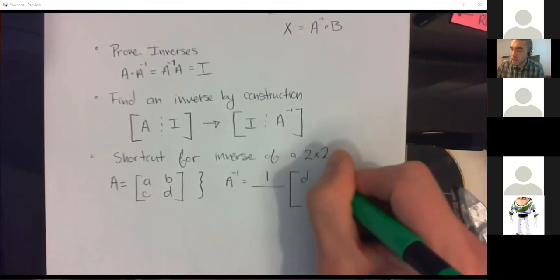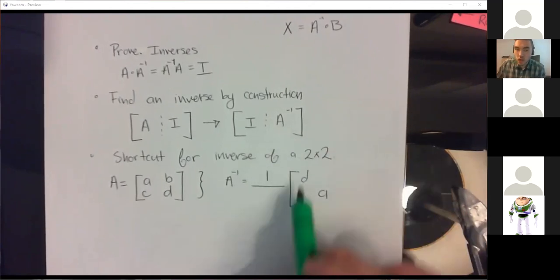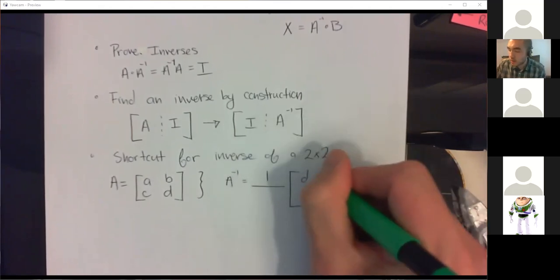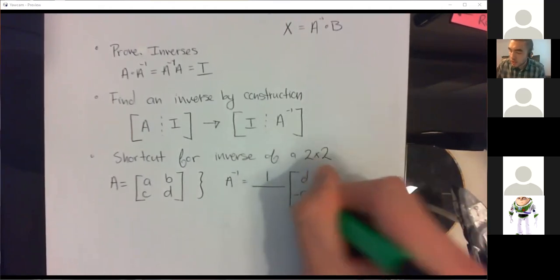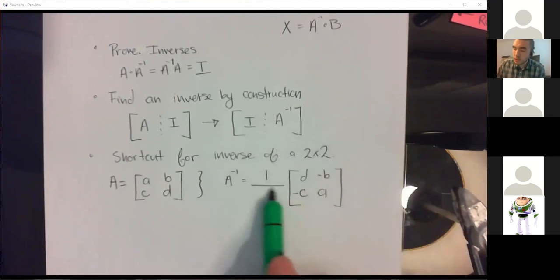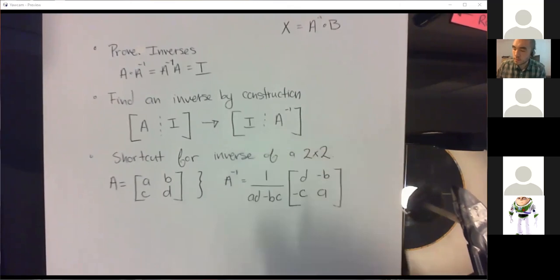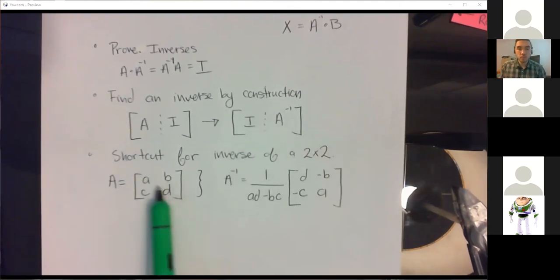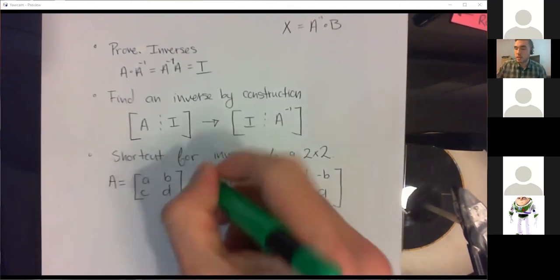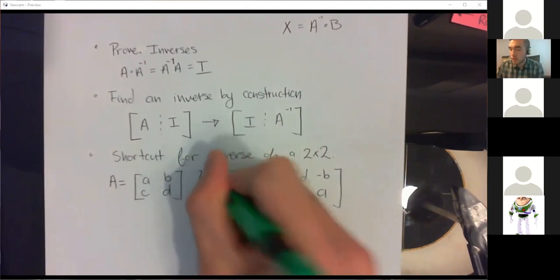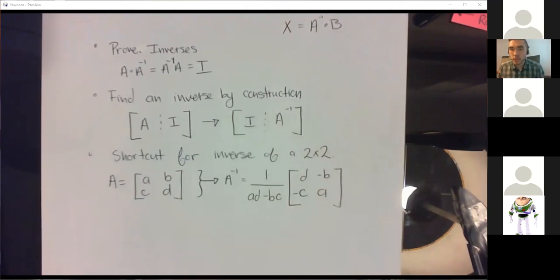So d, a, and this diagonal gets swapped, this diagonal gets negative, so it's going to be negative b, negative c, and then what's down here is going to be ad minus bc. So if you have some 2 by 2 matrix, the inverse is this, and you can do that real quick by memorization.